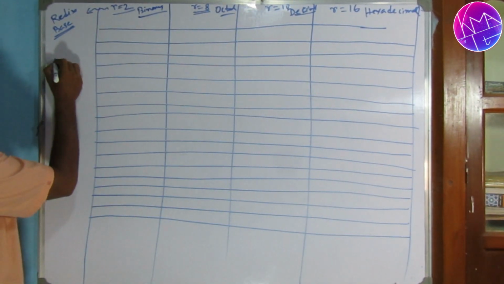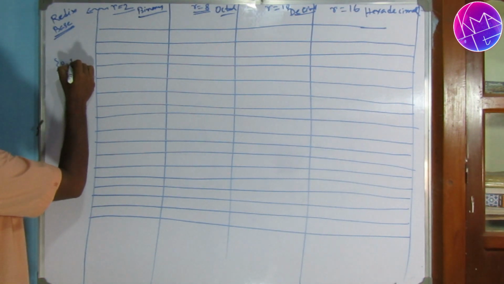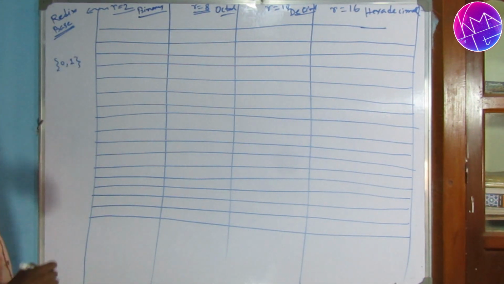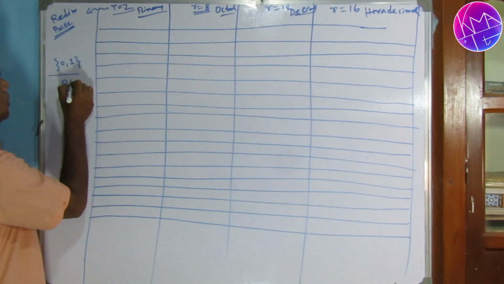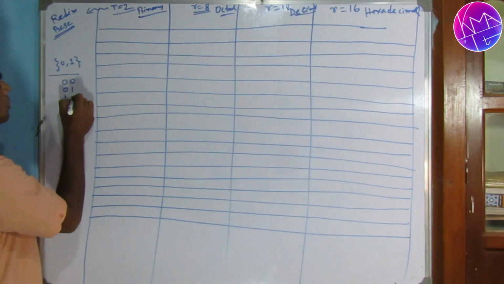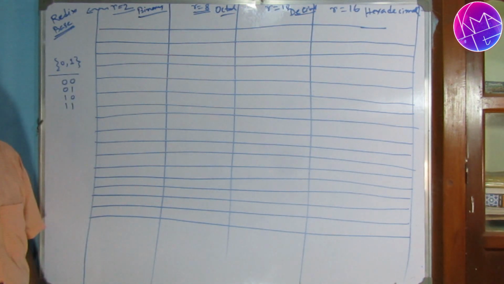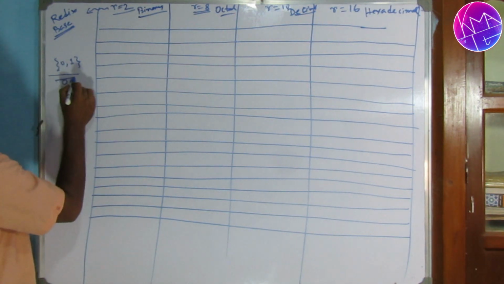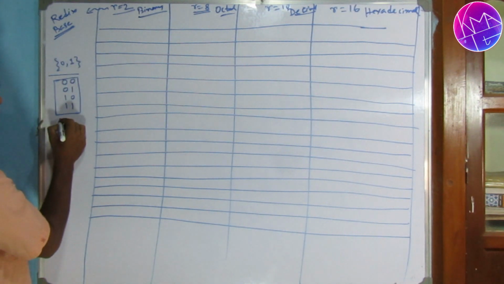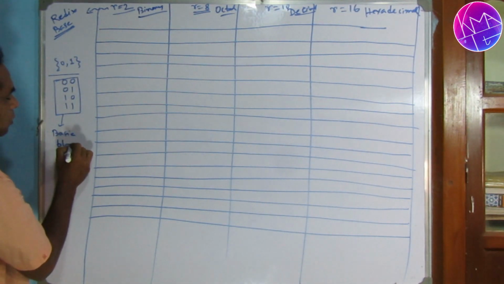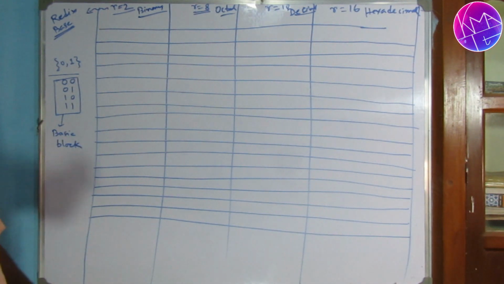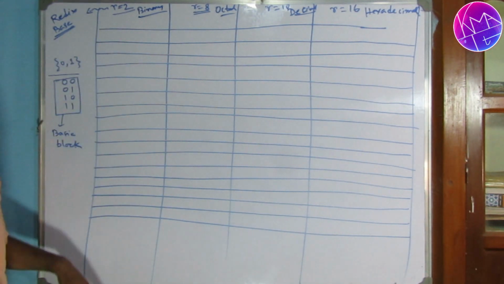Now let us consider using this basic notation of binary number system, means 0 and 1, we can have these 4 combinations 00, 01, 10, 11 of 2 bits. Okay. Now if we consider this one as a basic block, okay, now we will use this block 4 times.